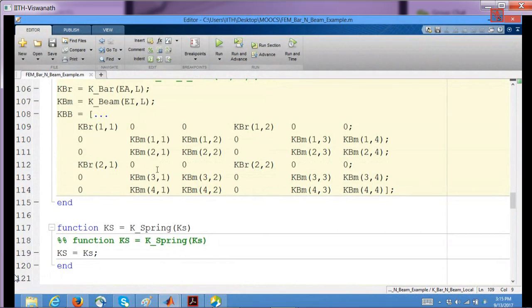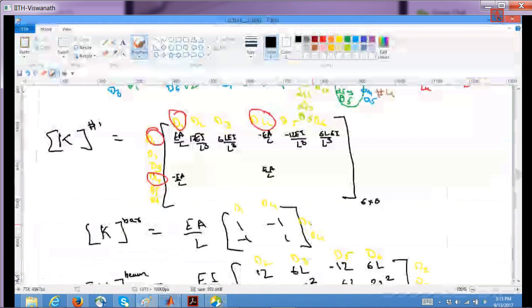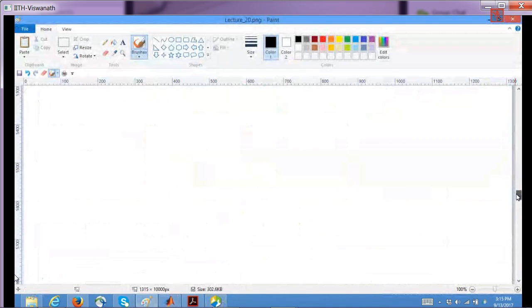The local coordinate system would be something like this. If a beam and bar is in this direction, this is the local coordinate system. In the local coordinate system, this is d local 1x. This is transverse and this is longitudinal, d local 1y, d local 2x.